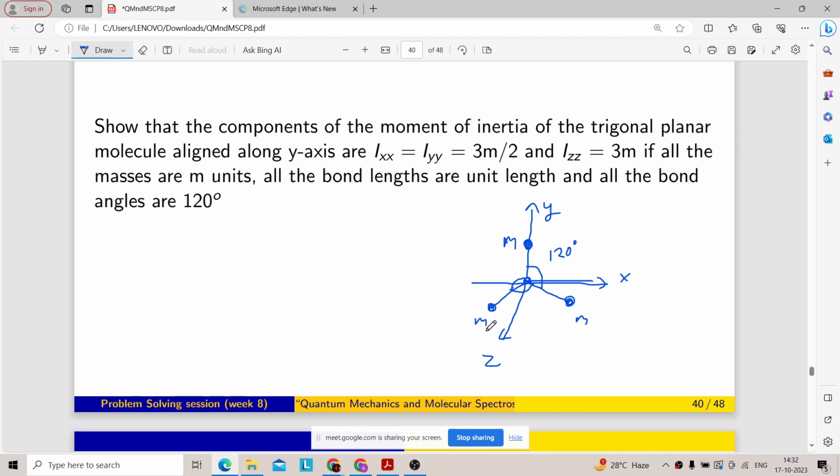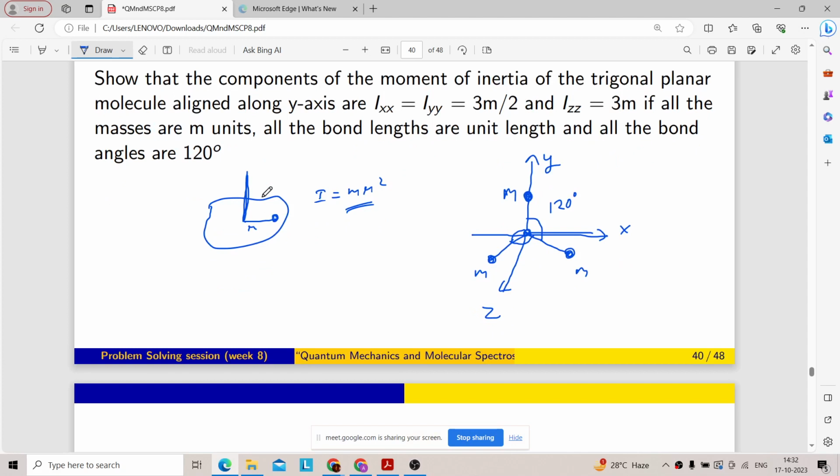Now we need to calculate the moment of inertia along the x, y and z directions. If there is a mass, and the rotation axis is this one, then the moment of inertia about this axis of a mass separated by some distance r will be mass times distance squared.